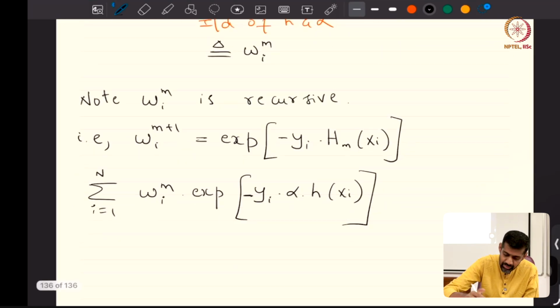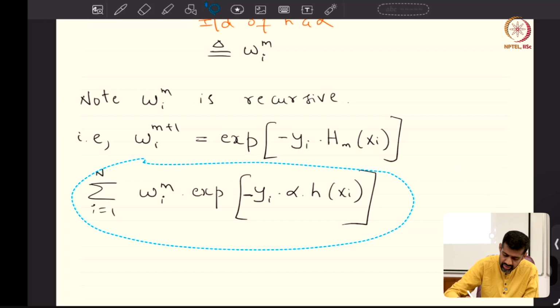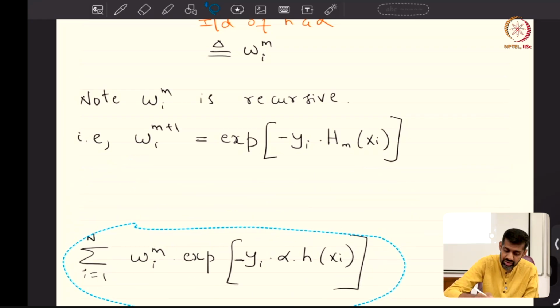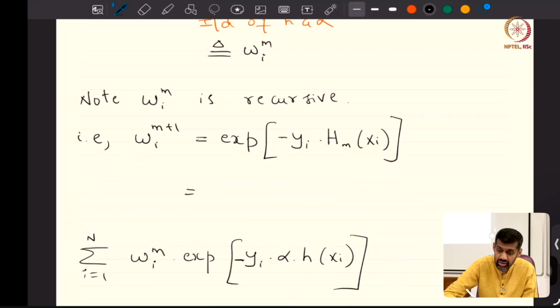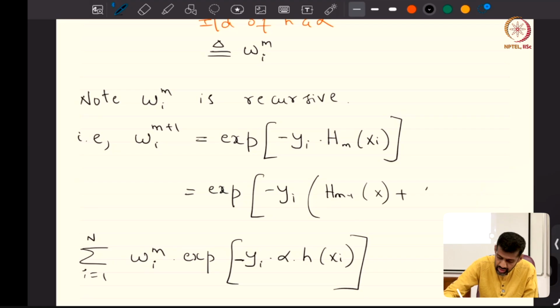Now, since hm xi is recursive, this also becomes recursive, right? So, what is this equal to? Is equal to e power minus yi times hm minus 1 of x plus alpha m times hm of x, right, xi, yeah.